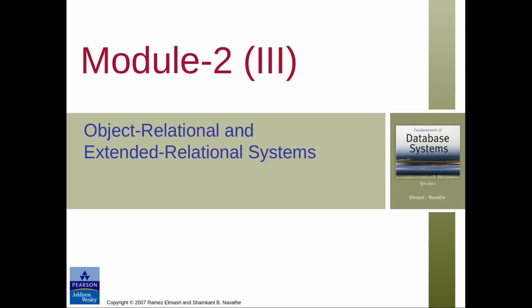It will be a better choice to combine the traditional relational database concept with the object oriented concept, so that we can partially utilize the relational concept as well as objects whenever we require them. That is why we are discussing the object relational database system and some extended relational systems. That means the existing relational system like SQL is being extended so that object oriented features can also be added to that system.